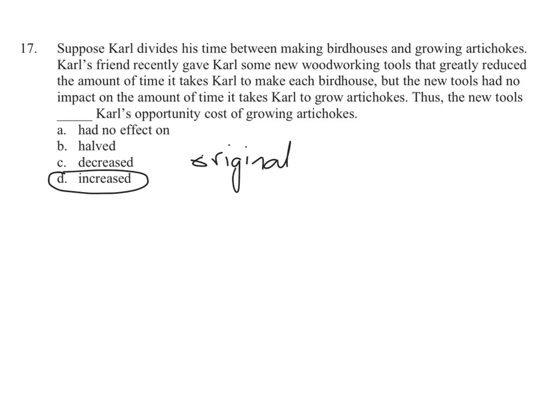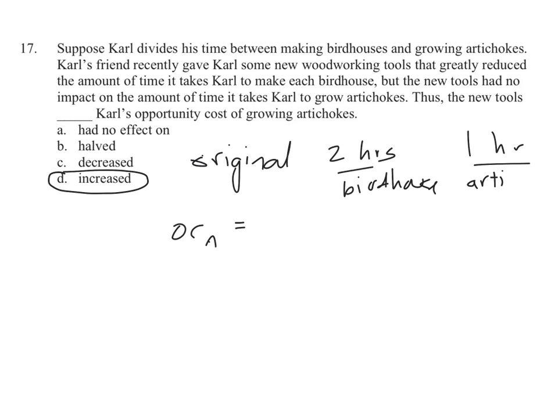Let's say 2 hours per birdhouse and 1 hour of time in for every artichoke grown. Then we know that the opportunity cost of an artichoke is the unit labor coefficient for the artichoke over the unit labor coefficient for the birdhouse.